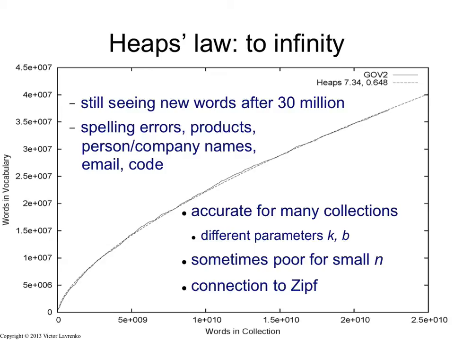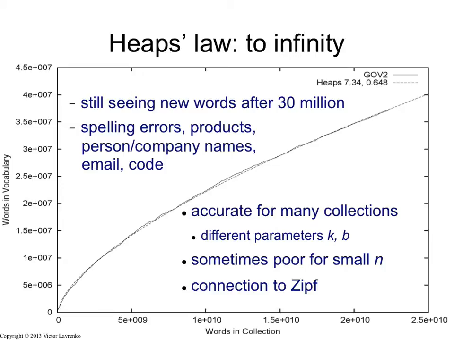So here I'm showing a graph of Heaps' law for a much larger data set. This is Gov2, and on the x-axis I have about 25 billion terms, so it's a large collection.